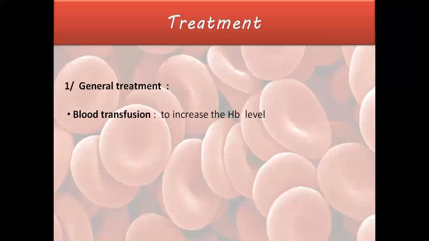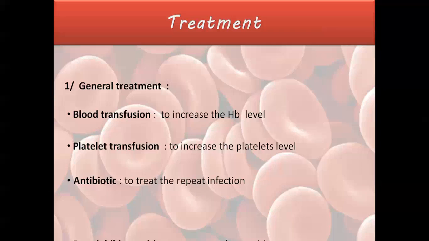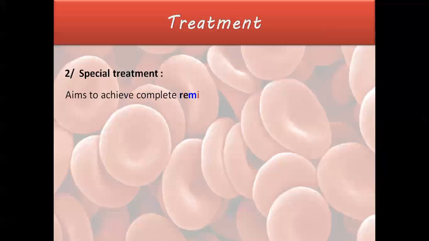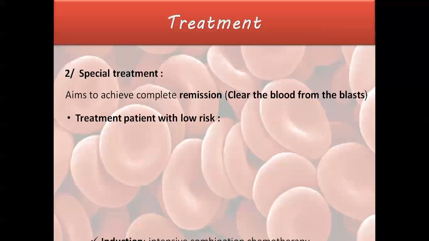General treatment includes blood transfusion, platelet transfusions, antibiotics, and drugs to inhibit vomiting in case of vomiting. The goal of the specific treatment is to achieve complete remission. What is remission? It is clearing the blood from the blast cells.